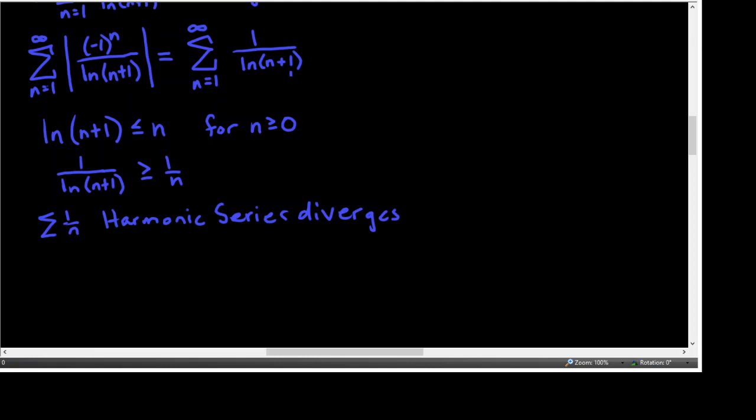And notice that I've produced on the left-hand side an expression of the absolute value of a sub n, that 1 over ln of n plus 1 that I have up there at the top right of what you can see right now. Since those terms are bigger than the terms of a divergent series, we can conclude, therefore, that the series that is the absolute value of our a sub n diverges.